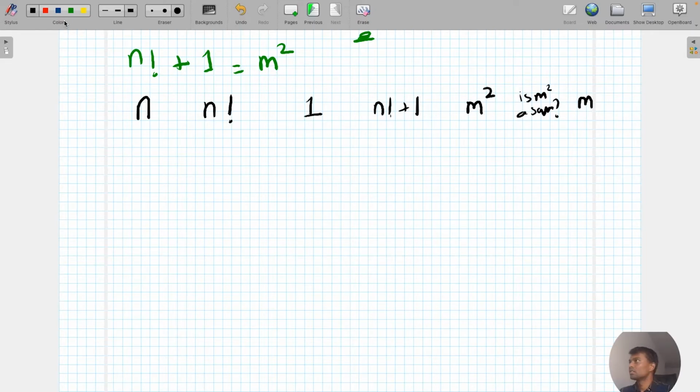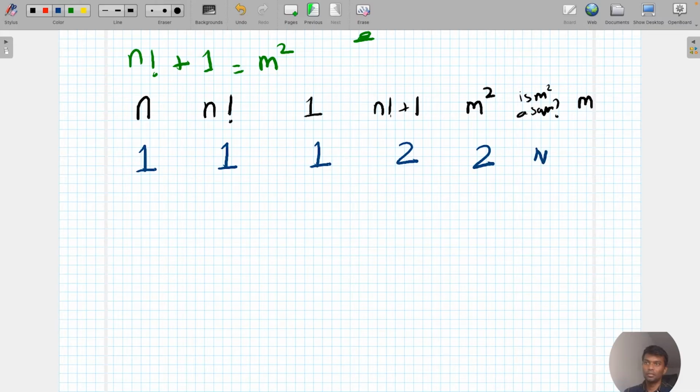With the number 1. If n is 1, n factorial is going to be 1 again, and we already have the term 1. We're just going to add 1 plus 1, which is going to give us 2, and m square is 2. Now the question is, is it a square number?